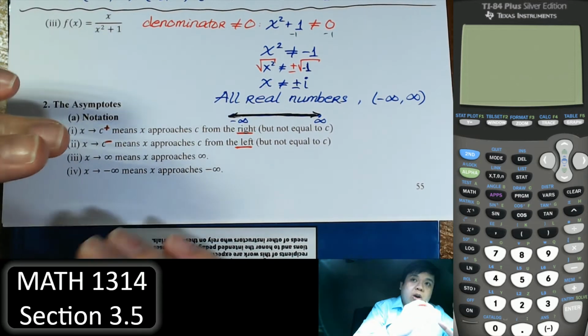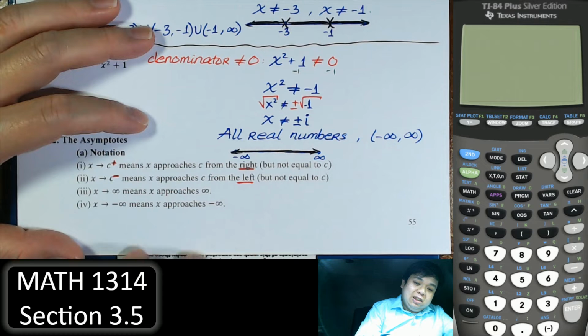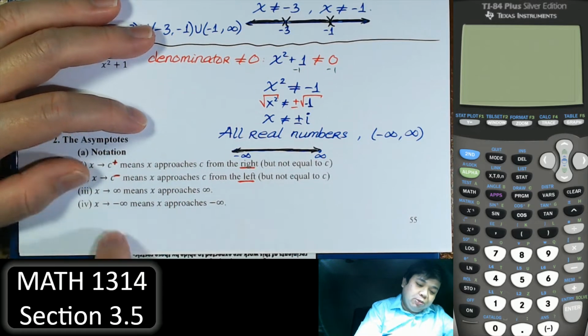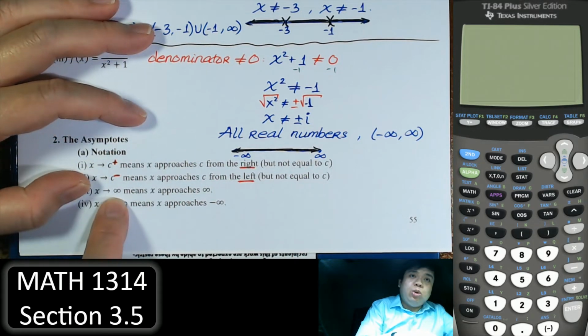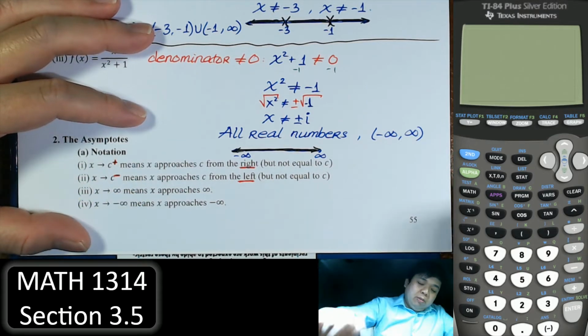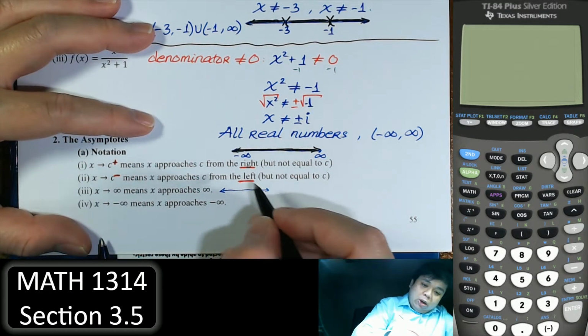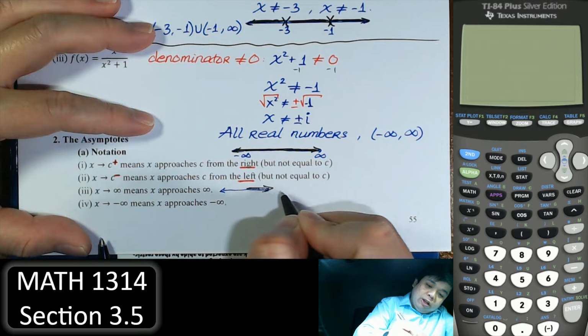So it's getting closer and closer as we want to, but we will not get there. As x goes to infinity, we do not need the superscript plus or minus, because when we go to infinity, it is always going from this side to infinity.